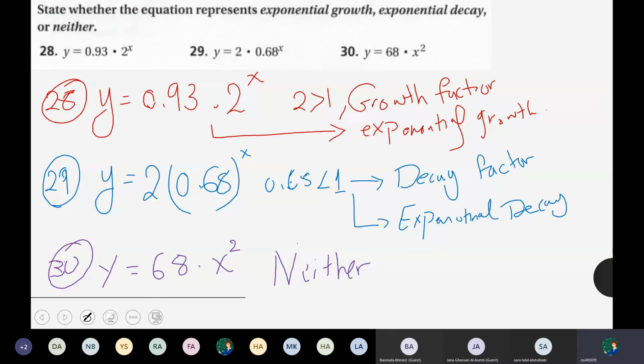Why? Because it's not an exponential function. I must have a number base raised to x, not x based to a number. So it's neither, because it's not an exponential function.